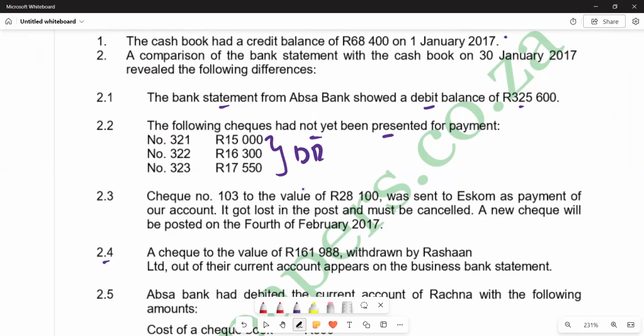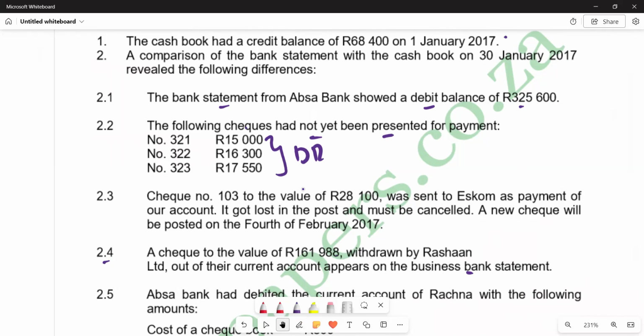A check to the value of 161,988 withdrawn by Rashid Limited out of their current account appears on the business bank account. So it means there is a check of 161,988 that is appearing on the bank statement. It's not supposed to be appearing. So whenever we hear that a check appears, it means it's on the debit side of the bank statement. So to remove it, we go to the credit side of the bank statement, and we're going to reverse it as a credit.